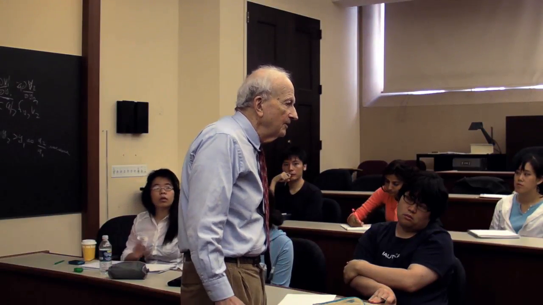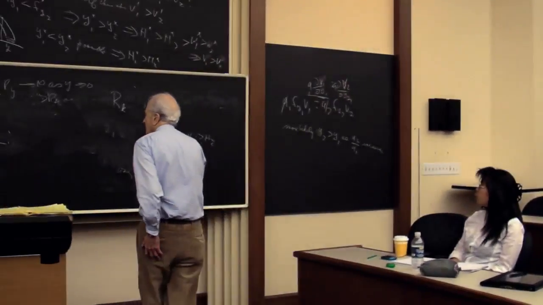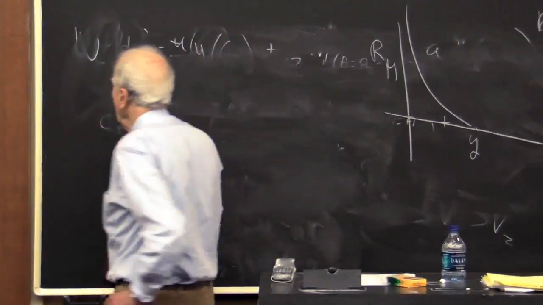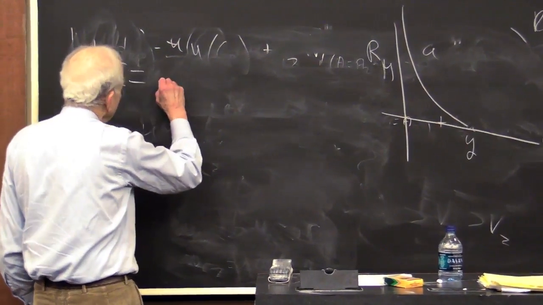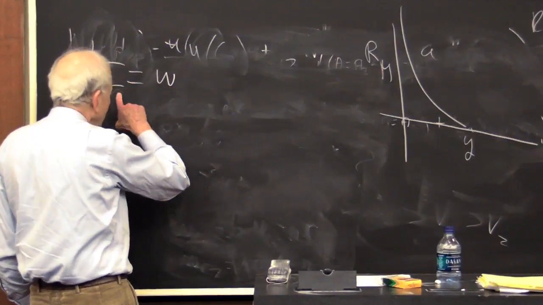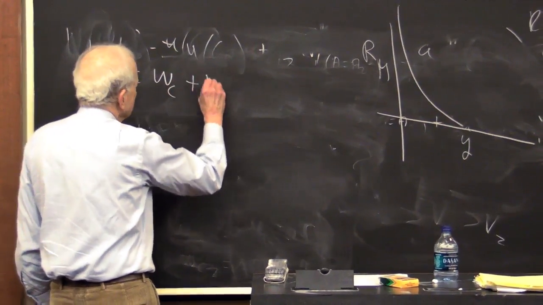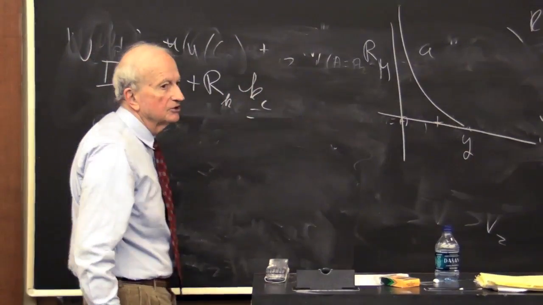Well, it depends on what they're interested in. Suppose that parents are only interested in what I'm going to call the total income of their kid. Total income of the kid would be the income of the child plus RK times the amount of capital the parents leave to their child.